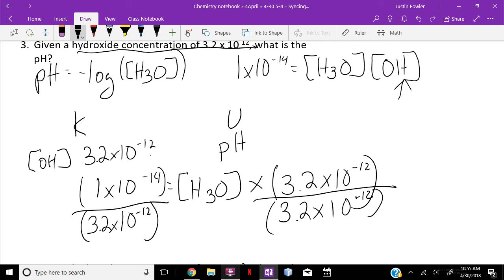Now, you need to be careful to put your parentheses, because if you don't, you're actually telling your calculator to divide by this and then multiply by that. But you want it to divide by that whole value instead.